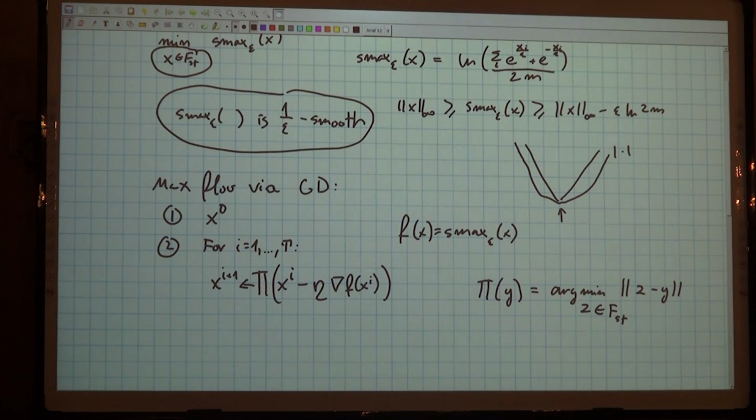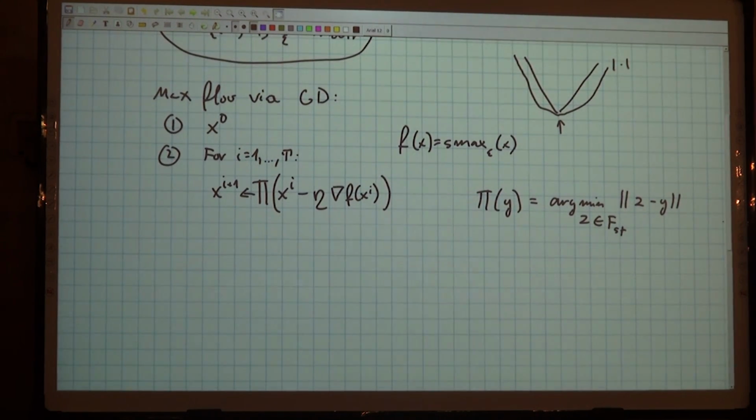Okay, and the running time for us, what we can show, is that if we take the number of rounds to be roughly proportional to the smoothness times the initial distance to the optimum solution squared over epsilon, then we will get a solution.